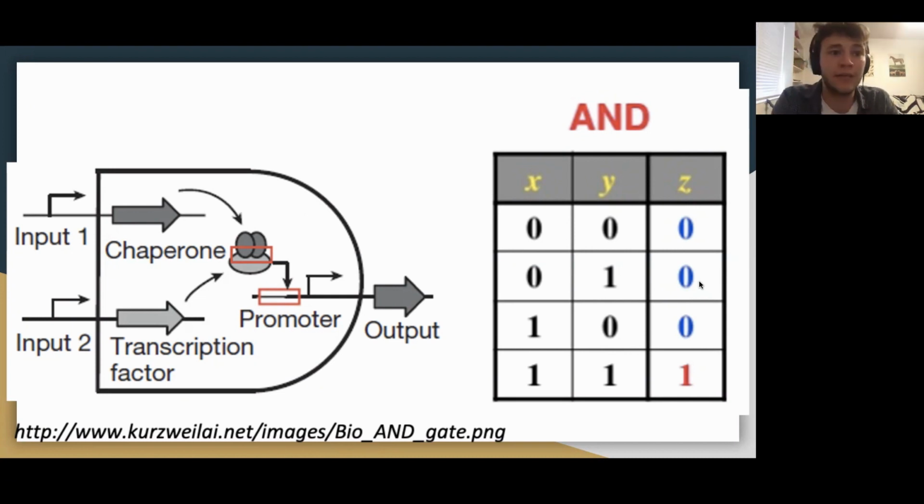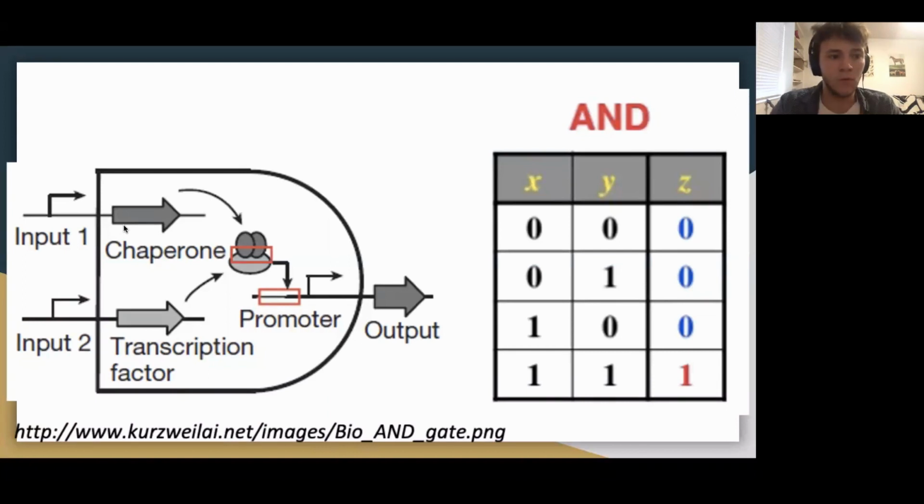Okay, so I want to show you a simple 2-input AND gate, and then maybe we'll get a little more complex if we're all feeling confident. So input 1 would be some sort of plasmid that would produce the chaperone protein, and input 2 would be something that produces a transcription factor that requires this chaperone to help it bend in its 3D structure in the proper way to then bind to this later promoter that would then activate our output.